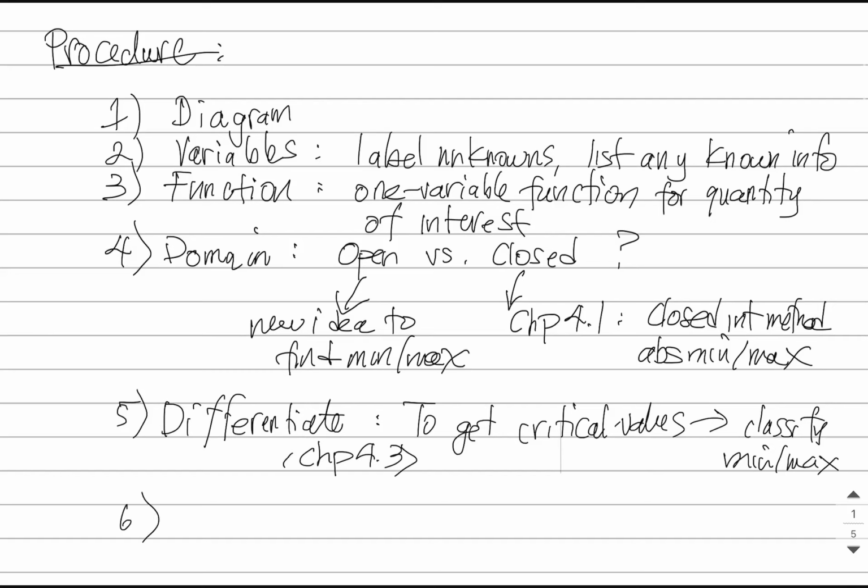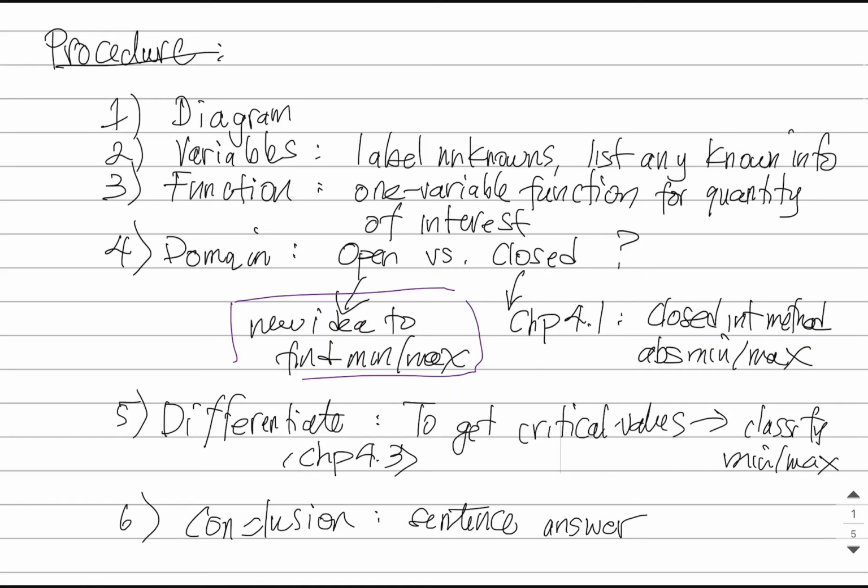Once we do all the hard work in the differentiation in step 5, we've got to come up with a conclusion. All of these problems you're going to be given are in sentence form, so you're going to want to give your response in sentence form as well. So it's something that I'm hoping you will take and incorporate into your working process here. This procedure is going to help you keep all of the details straight.